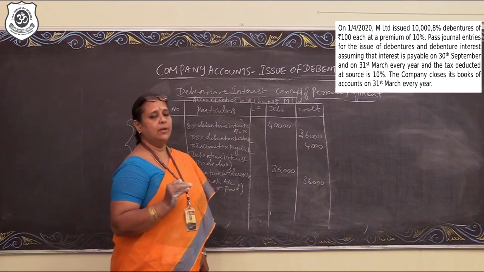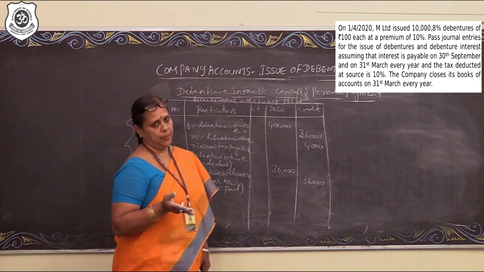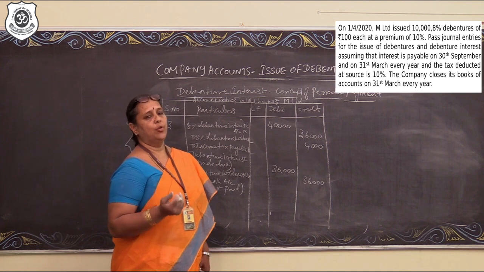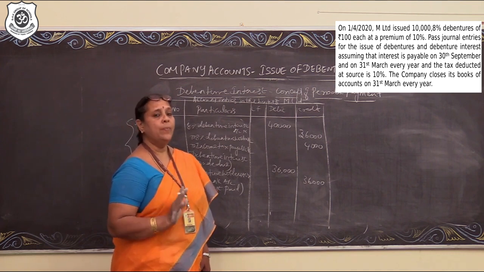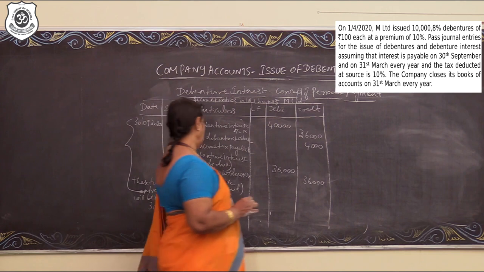So 7th entry will be for income tax paid and 8th entry will be for charging debenture interest to statement of profit and loss.